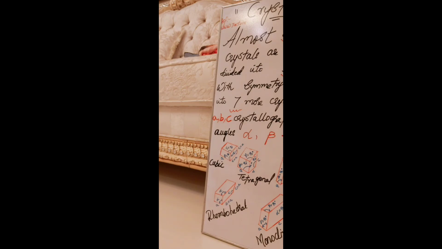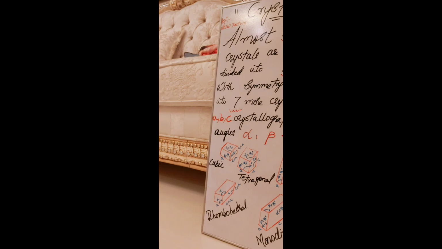That is how the symmetry is describing them, and then further they are classified or divided into 7 crystal systems, relying on what? On the crystallographic framework, that is having angles alpha, beta and gamma between them, right? And what was the crystallographic framework? That is the ABC. That was the crystallographic framework having angles alpha, beta and gamma.